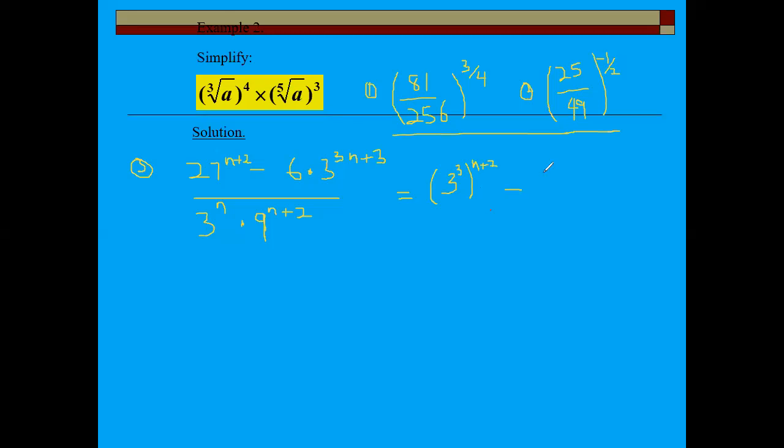Minus, is it 6 times 3 or just 6? It's 6 times 3 raised to the power. Then the 6 will be 2 times 3. So 2 times 3 times 3 raised to the power 3n plus 3.